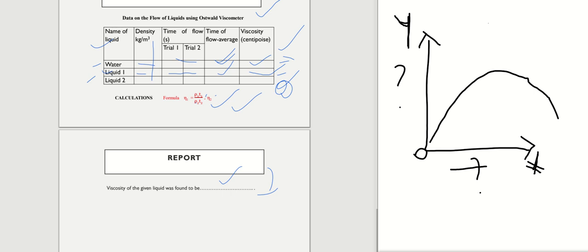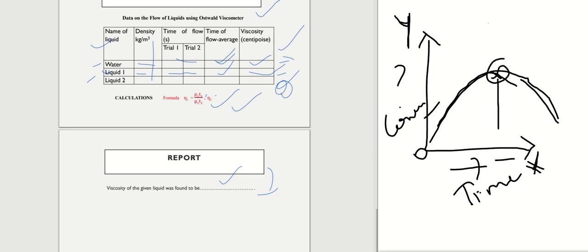For example, if we take time on the x-axis and concentration on the y-axis, as time passes by, the concentration increases and then it decreases. So at what time are we able to see the highest concentration? That is how we need to interpret the data from the graph.